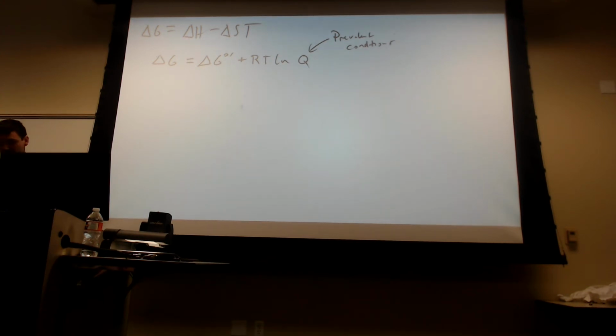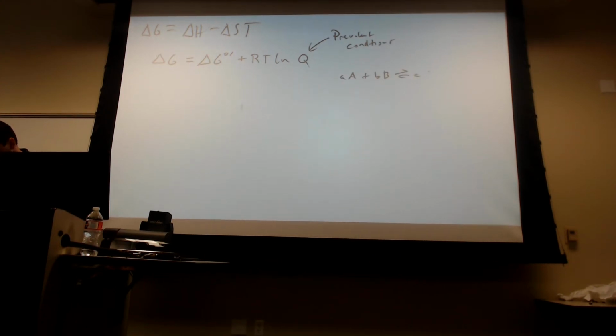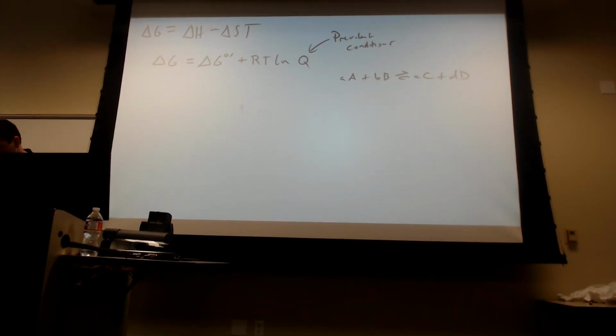Okay. So remember, Q is this. If we had an equation A plus B goes to C plus D, we know that Q is products, so concentration C to the C power times D to the D power, however many products, divided by the products of the reactants.